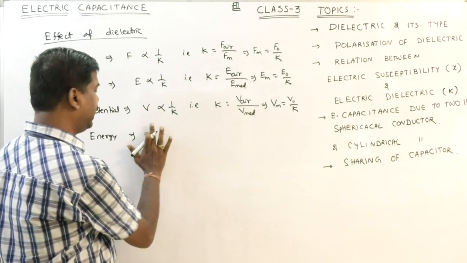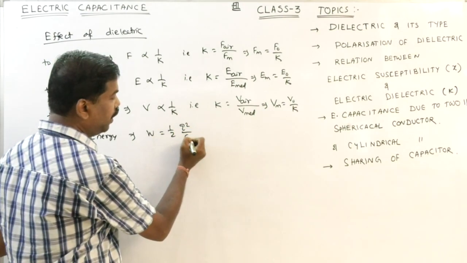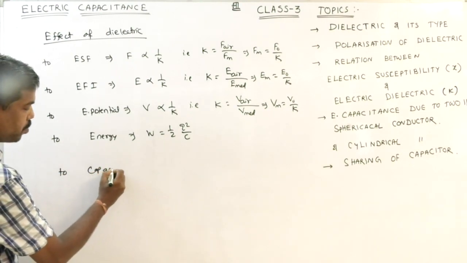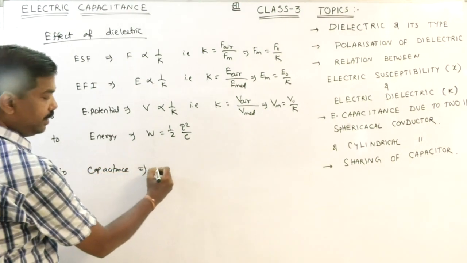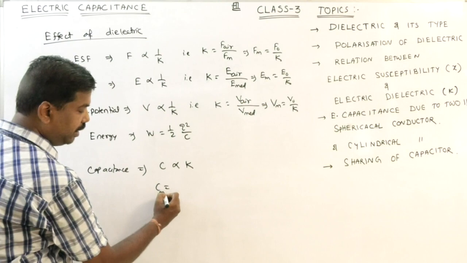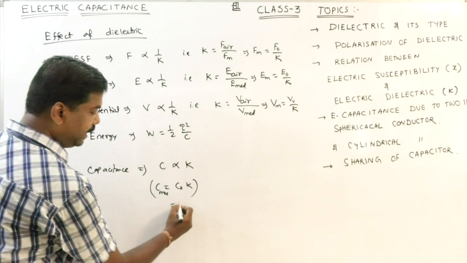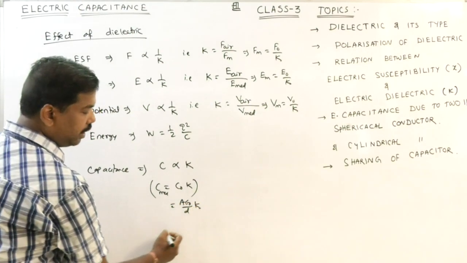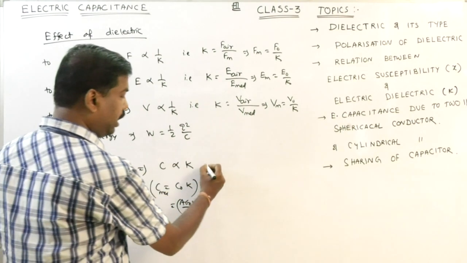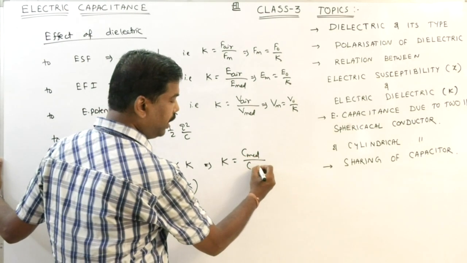Energy of a capacitor, we can write it as W is equal to half Q square by C. On capacitance: capacitance C is directly proportional to K, because C medium is equal to C0 into K, or we can write it as A epsilon 0 by D into K. Here A epsilon 0 by D is C0, so C medium is directly proportional to K. Or I can write dielectric constant K is equal to C medium by C air.